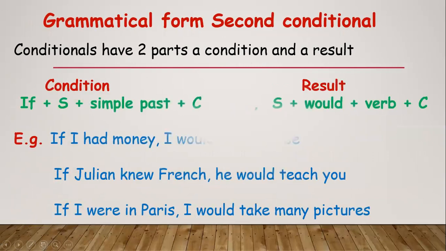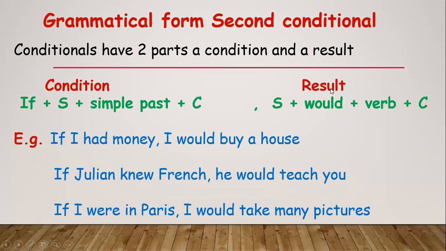Remember that the structure is if, subject, the tense of the first sentence of the condition sentence is simple past and then complement. If the condition is first, you need a comma between the two sentences, and the result is just the subject, the word would, the main verb, and the complement.